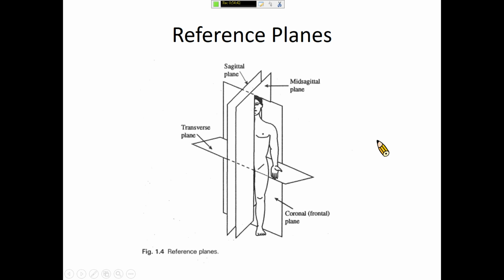All right. Now, there are also three reference planes.